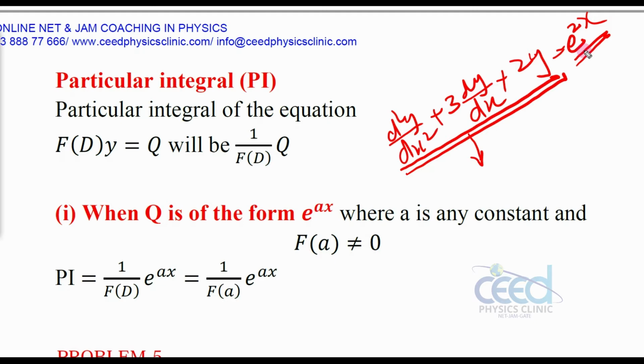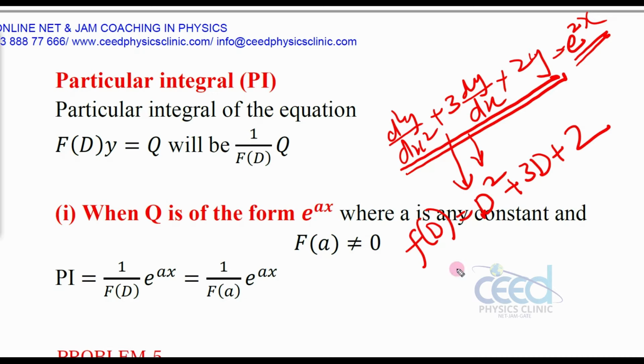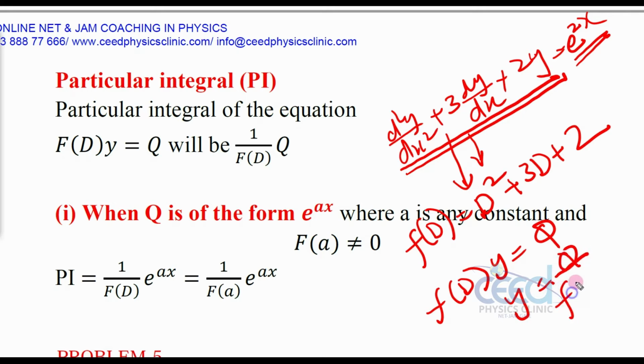So for this I am considering this part as f(D). I will represent d/dx with an operator D. So this I can write as D² + 3D + 2, and this part I can treat as f(D). Now our solution will be f(D) y = Q, then y = Q / f(D).